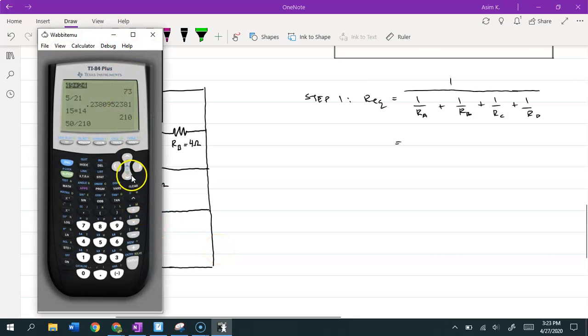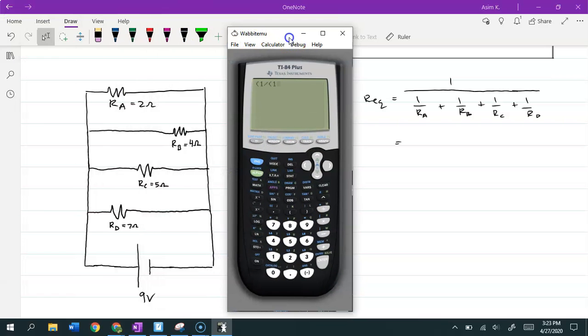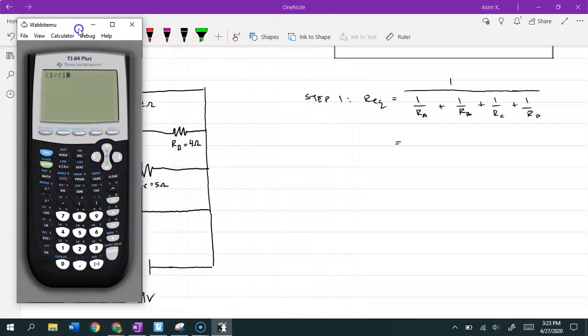All right, so let me just come here. All right, clear this. So in our calculator, what you want to basically do is take all of those numbers that you're looking at and do 1 divided by, all right? And then you want to make a set of parentheses so you don't get confused between them. And then 1 divided by R sub A. So this was 2, 4, 5, and 7 in that order.